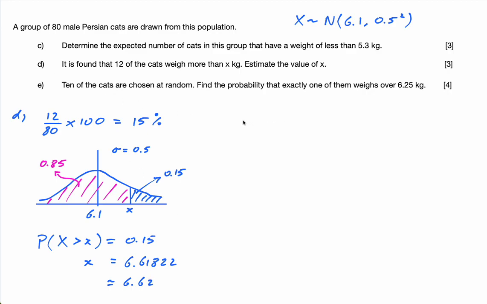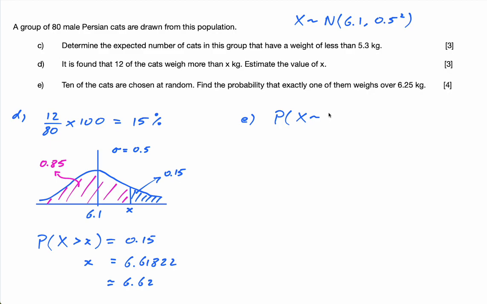Then part E, it says 10 of the cats are chosen at random. Find the probability that exactly one of them weighs over 6.25. Okay, so firstly, what is the probability that x is bigger than 6.25?